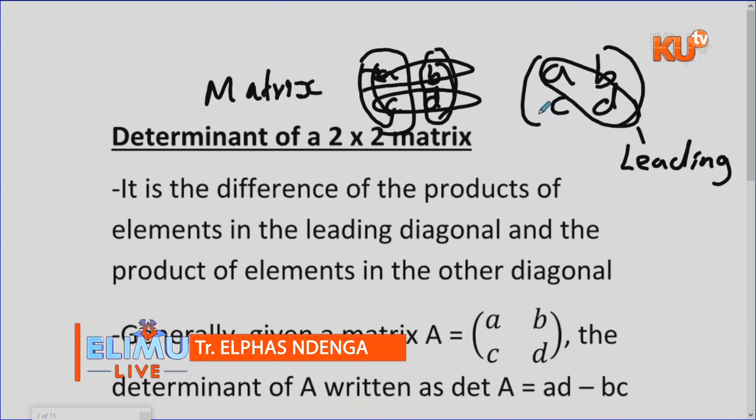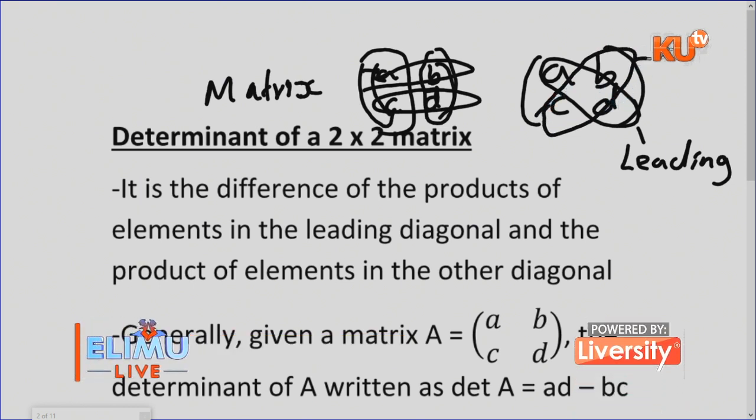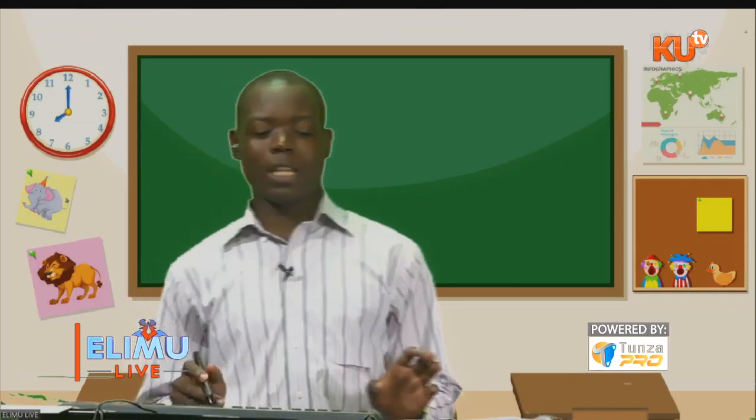And then if you look at the elements C and B, in this case, they constitute what we call the other diagonal. And so we have two diagonals, the leading diagonal and the other diagonal.